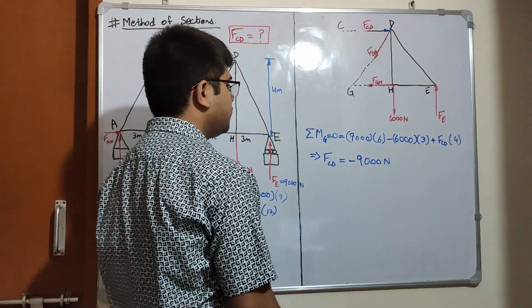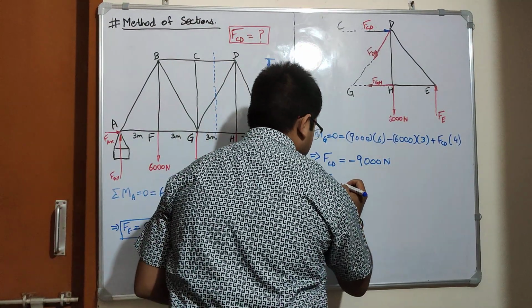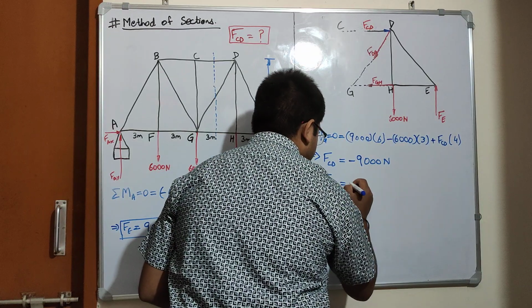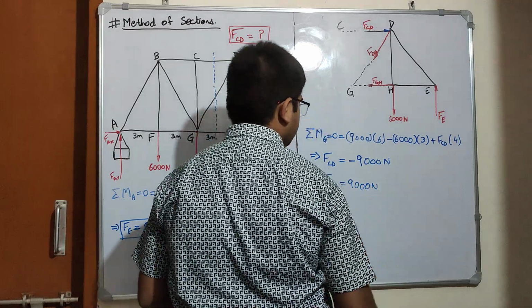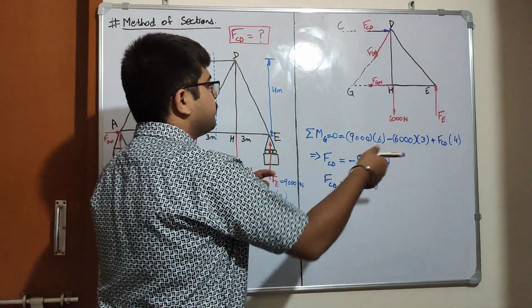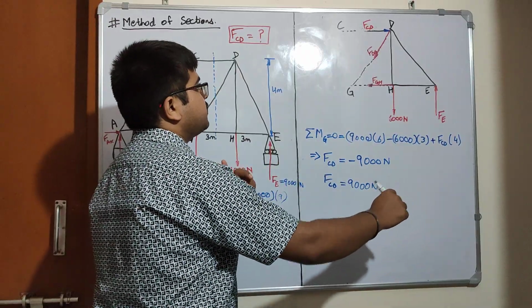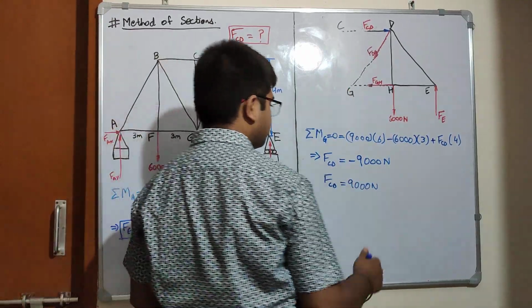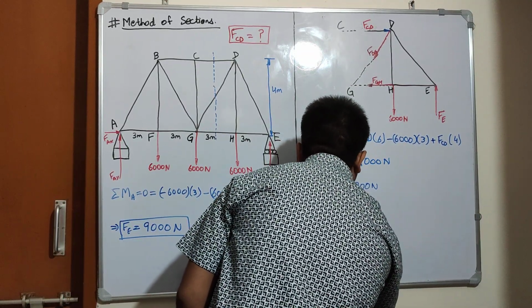That means FCD equals 9,000 newtons, and if it is pushing outwards like this, the member is in compression.